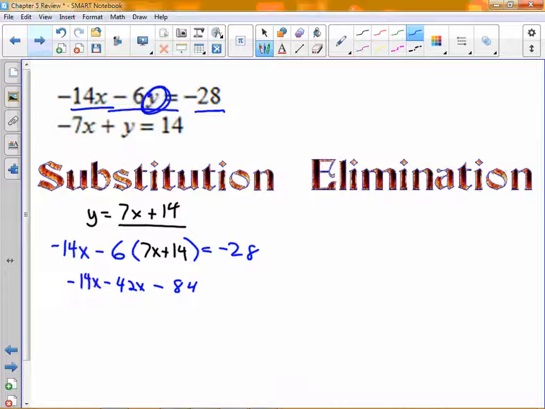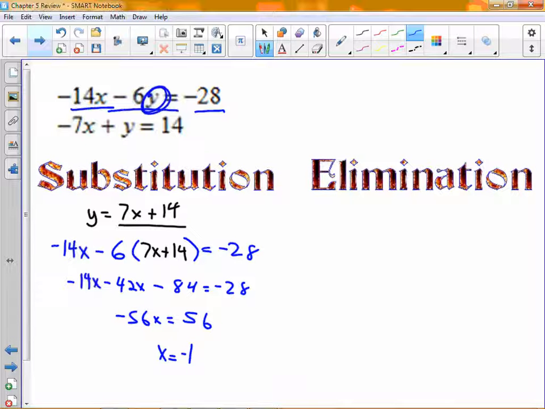So minus 84 equals negative 28. So this gives me negative 56x equals, add 84 to the other side, that gives me 56. So x equals negative 1. I add 84. 84 minus 28 is 56.